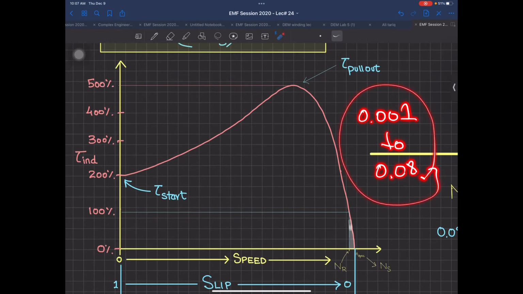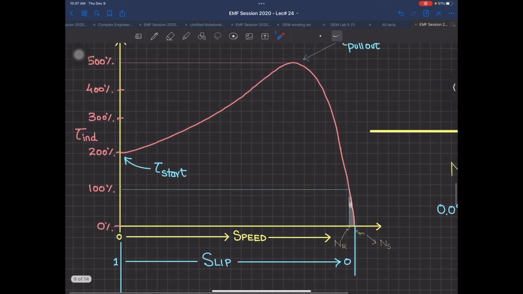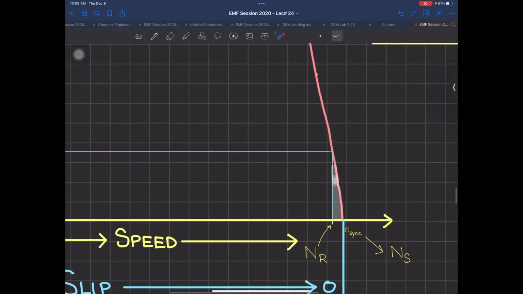So this means on the x-axis, when you are plotting the slip from 0 to 1, your working range is just the very small range which I have indicated over here. Only in this shaded region, which I am shading at present, is the working region, which means when the machine starts, it will be somewhere here, and when you load it, your speed will decrease a little, and at full load, it will come to this point.